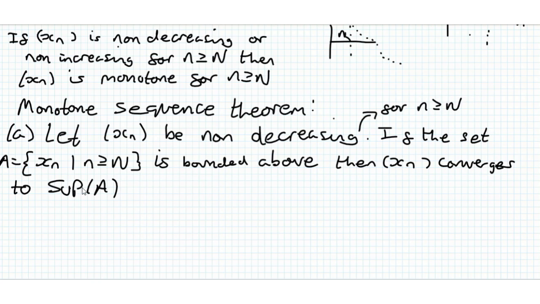So essentially what this first part A of the theorem says is, if we have a sequence that is non-decreasing and there's some upper bound that the set of xn's can't surpass, then the sequence converges to the supremum of A, the least upper bound, okay?